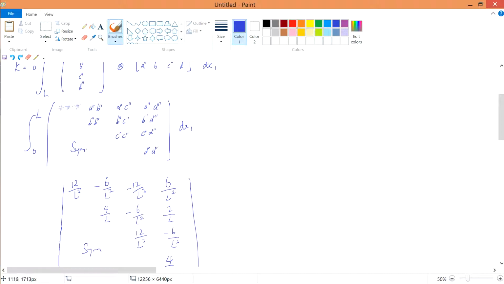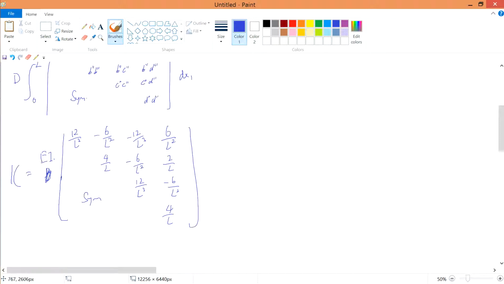If you fill it up, you have all this. So it's just simply integrating all this to get this thing. And don't forget you have the D over here. If you still remember, we factorized out the D, so we should also include the D over here. So therefore your K is equal to your D, which is known as EI, multiplied by all these things.